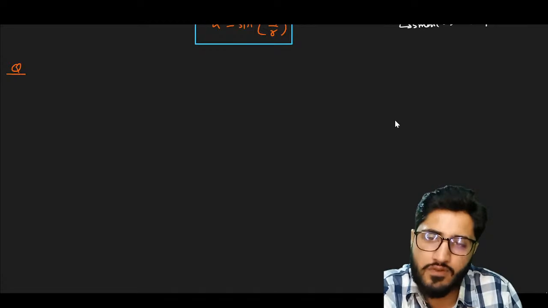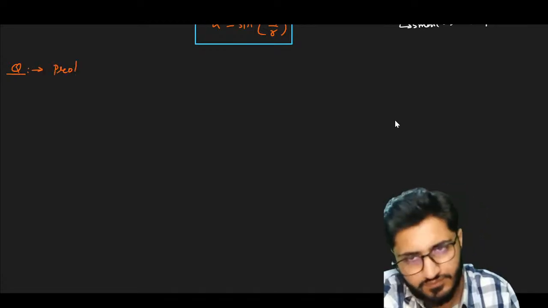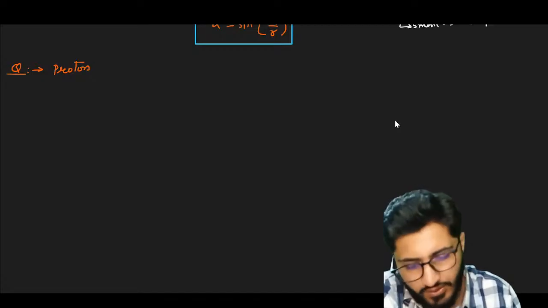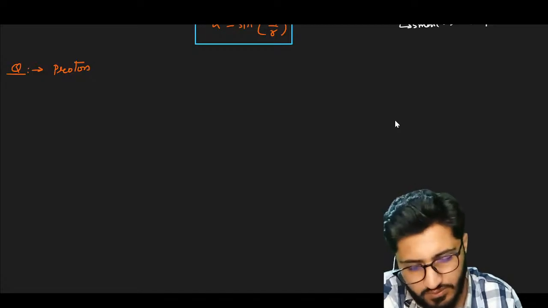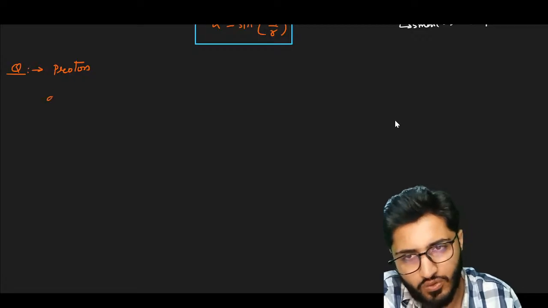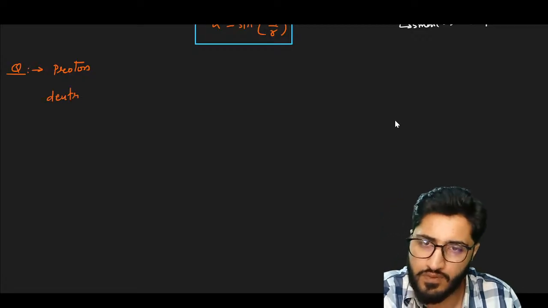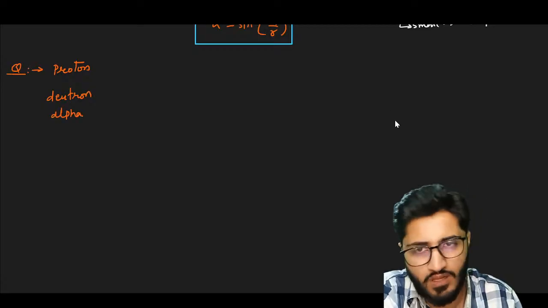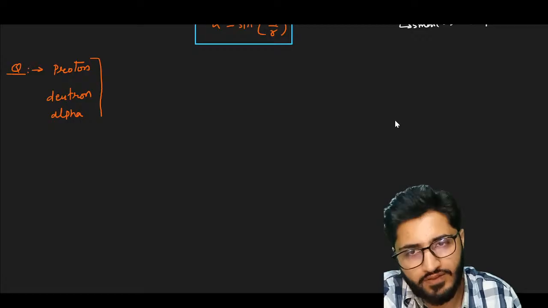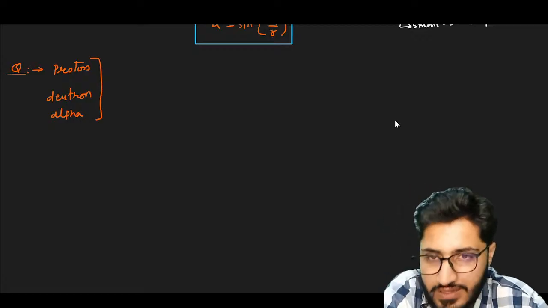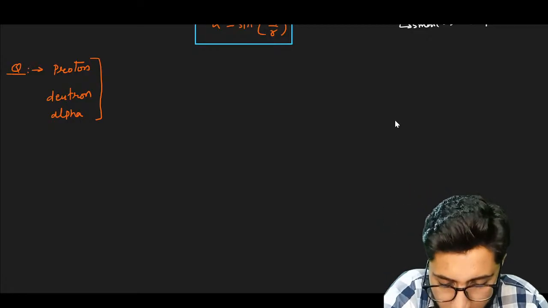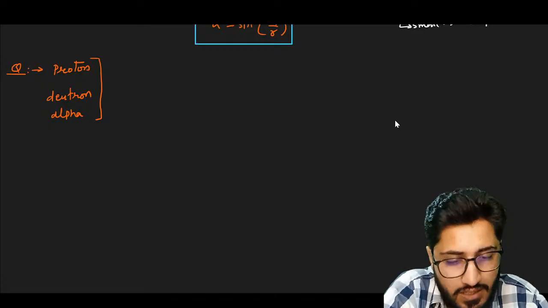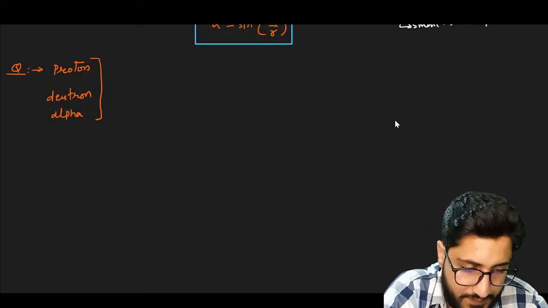Numerical is like, we are having three particles. We have proton, second, we have deuteron, then we are having alpha particle.